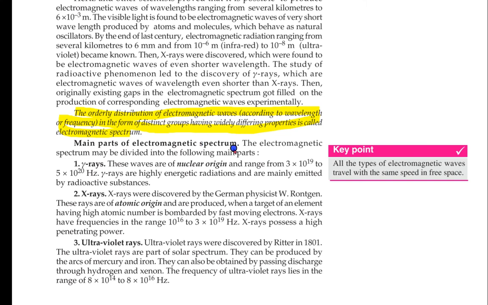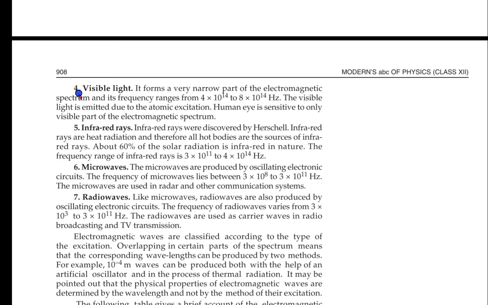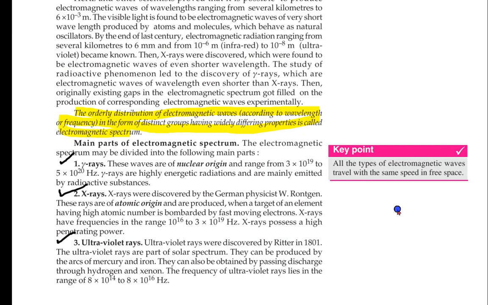The parts of the electromagnetic spectrum are: number 1, gamma ray, X-ray, UV ray (ultraviolet ray), visible light, infrared rays, microwaves, and radio waves. These are the waves which constitute electromagnetic waves. They are called the electromagnetic spectrum.